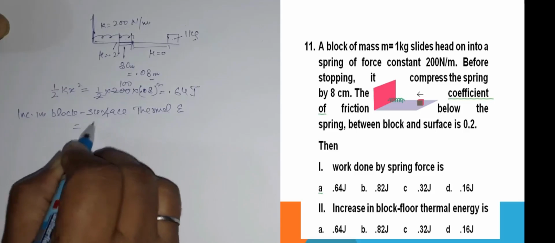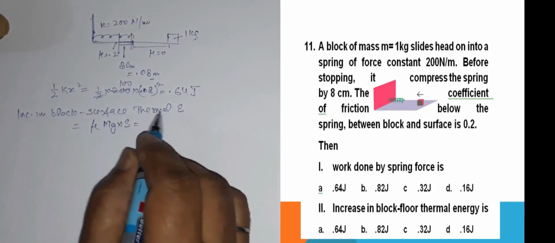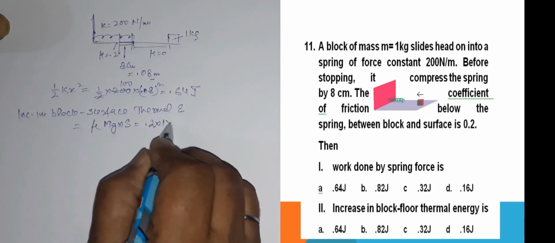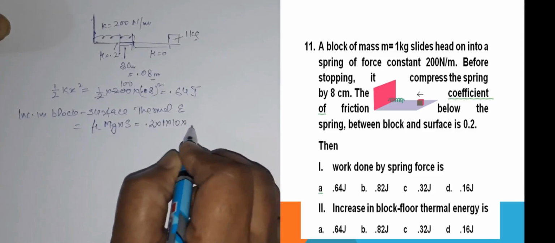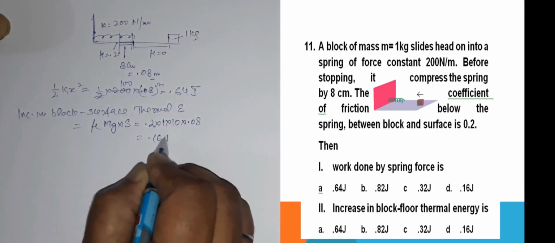Thermal energy is equal to mu into mg into distance, that is mu is 0.2, this is 1 into 10 into distance is 0.08, you can say that is 0.16 joule.